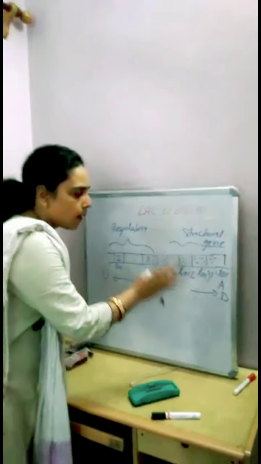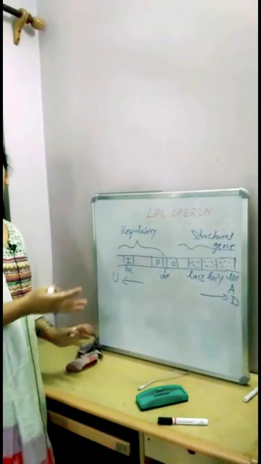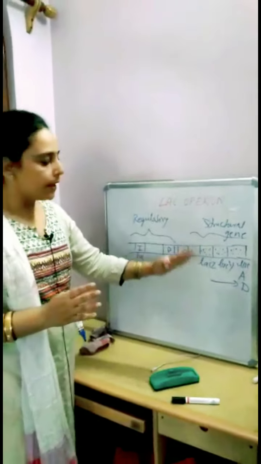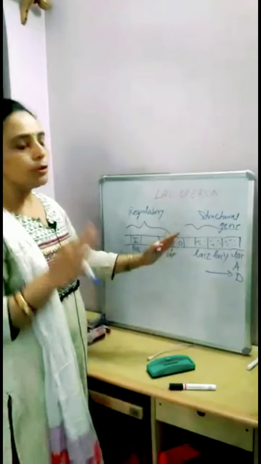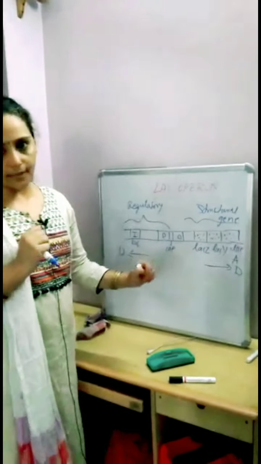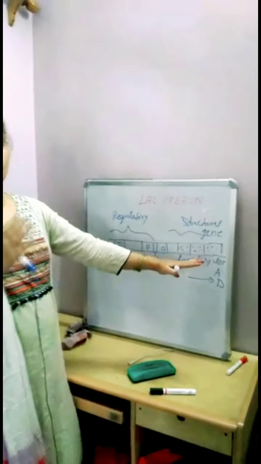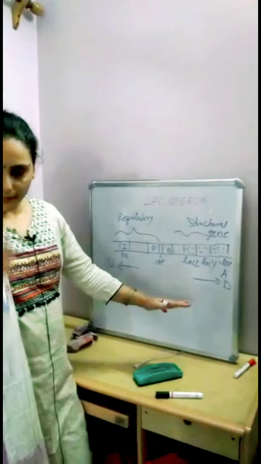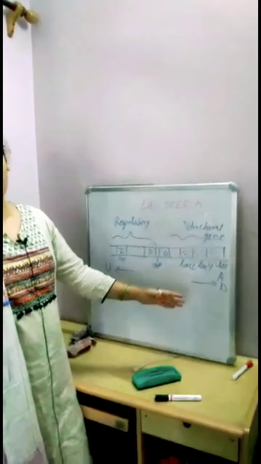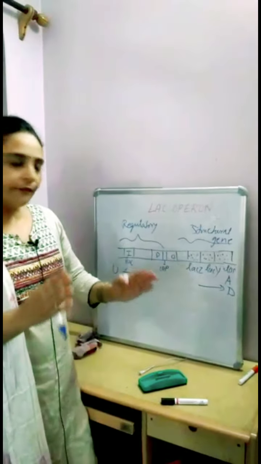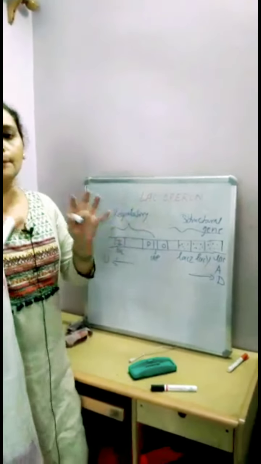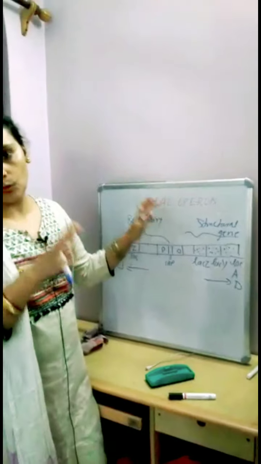Now, lac Z, lac Y, lac A are genes which are transcribed and translated to produce three different types of enzymes, ultimately proteins, which are required for breaking down lactose to release energy. This is the main theme behind the lac operon.